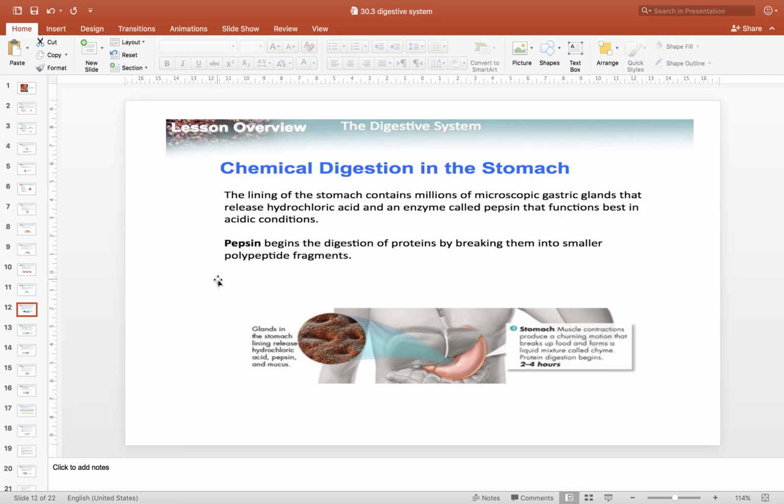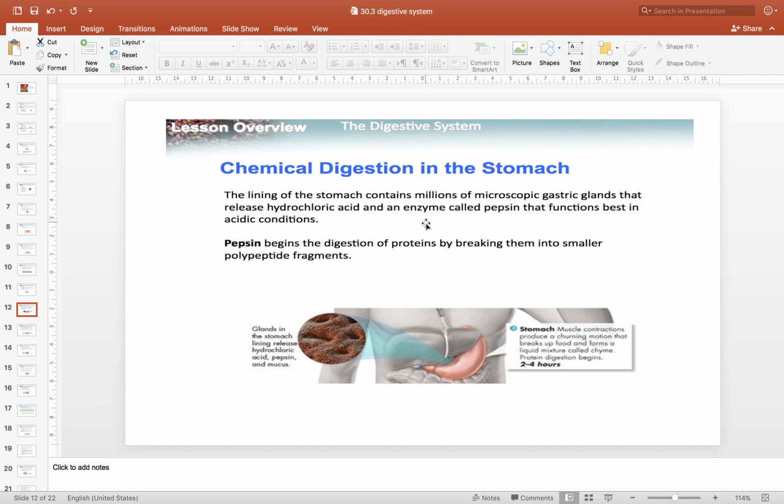So chemical digestion happens in the stomach, where hydrochloric acid will start breaking down, and pepsin, which is an enzyme that's formed, works on breaking down the proteins. Proteins are your largest food molecule, structurally the largest molecule, and it takes longer to break down.